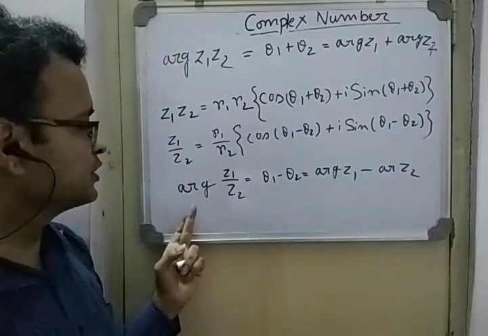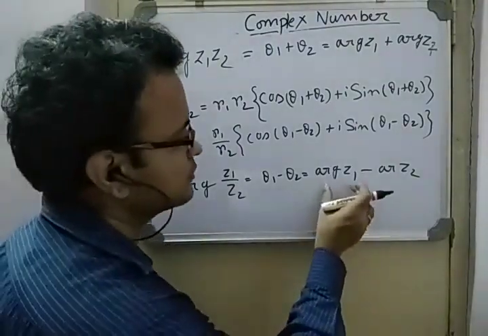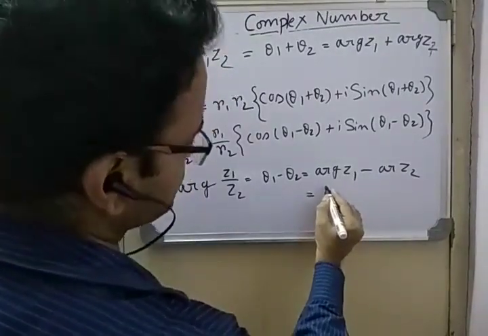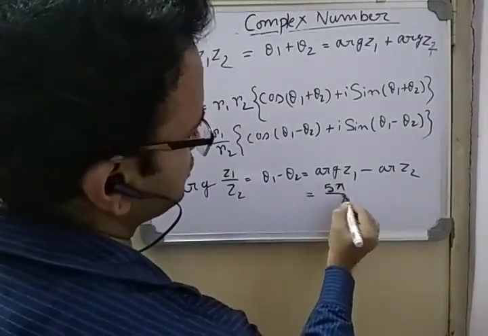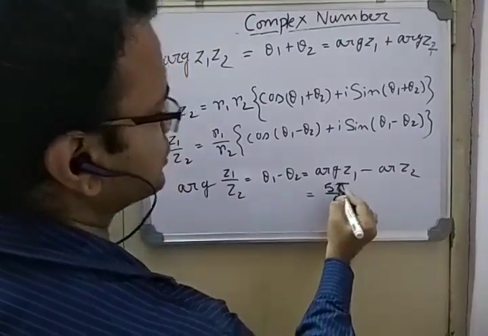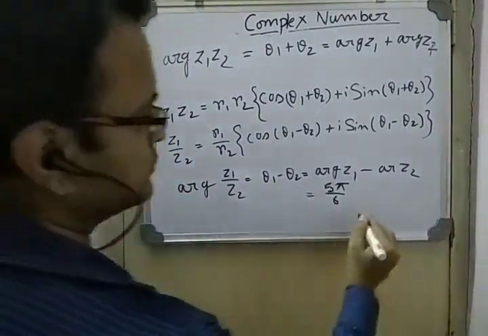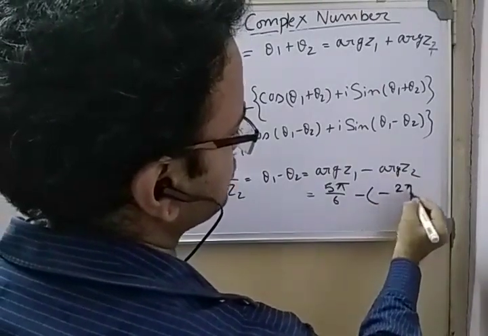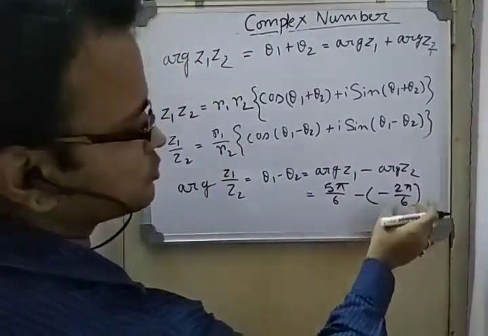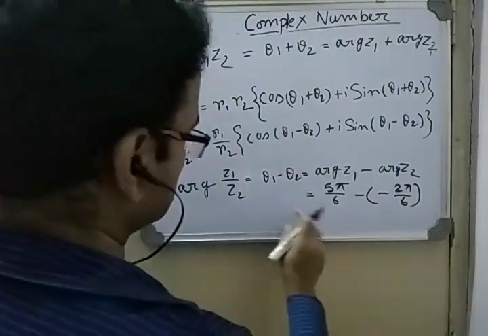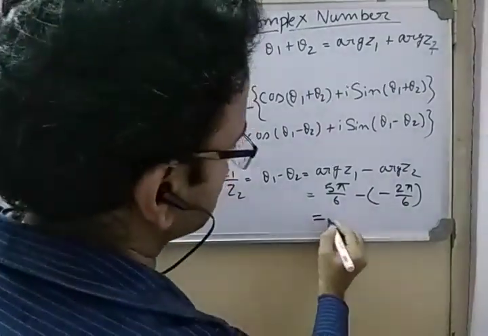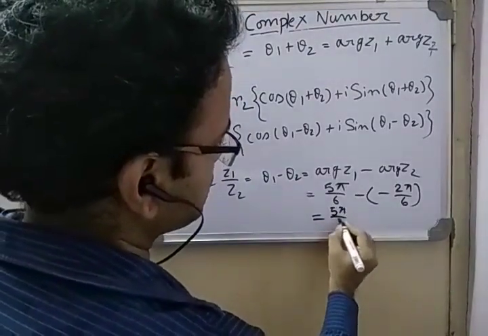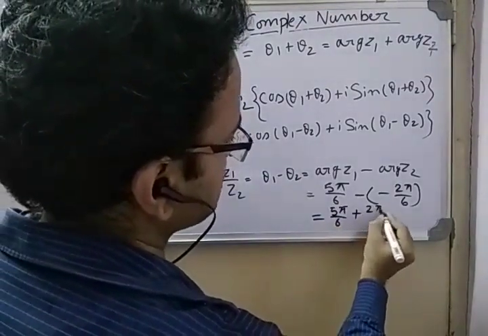And when we assume principal value, suppose this has some value, this has some value. For example, suppose its value is 5 pi by 6. This is definitely within pi to minus pi, and this value becomes minus 2 pi by 6. This is also within pi to minus pi, but the argument of z1 by z2 is coming as 5 pi by 6 plus 2 pi by 6.